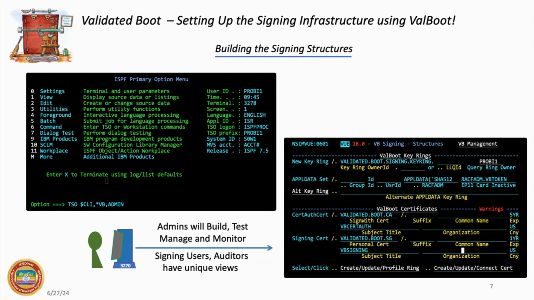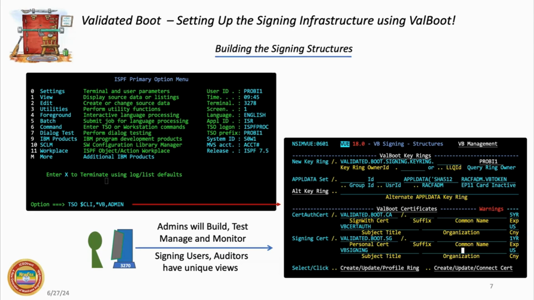So if you were to take another approach, if you were to go to that 3270 environment, instead of going to option 6, you would type on the command line TSO $CLI, comma, asterisk VB dot admin. As an administrator within the ValBoot environment, you would find the panel on the right-hand side.